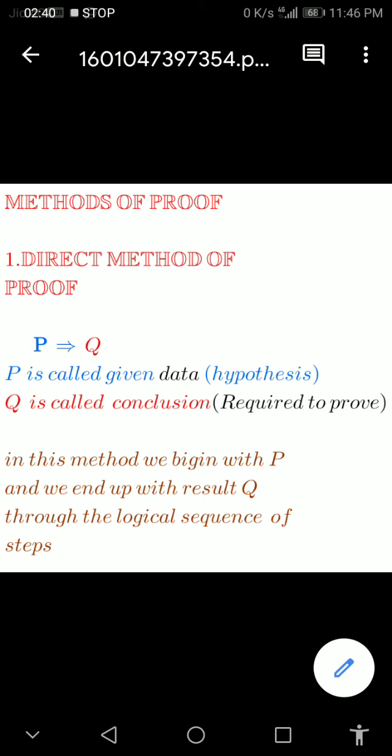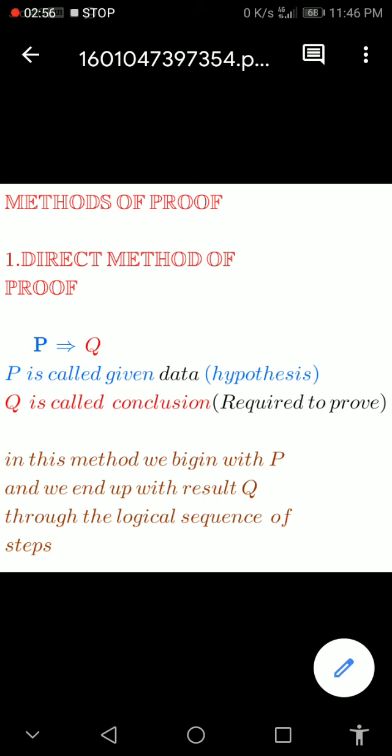Very simple. The statement starting with the word if is called P, given data. The statement starting with the word then is called Q, conclusion.